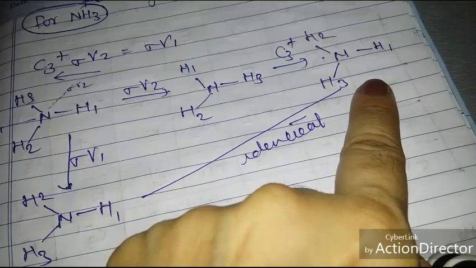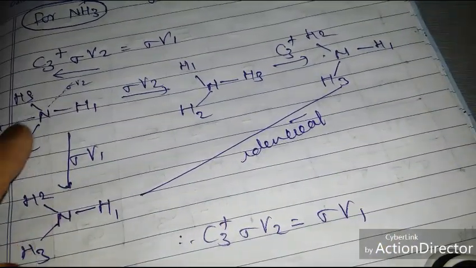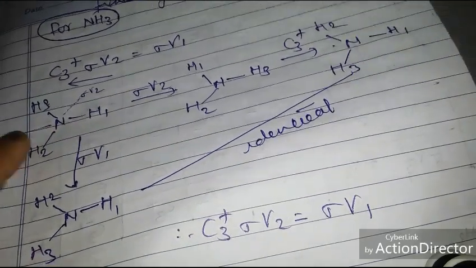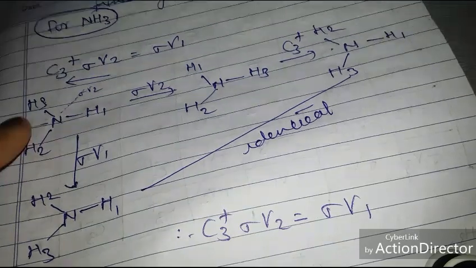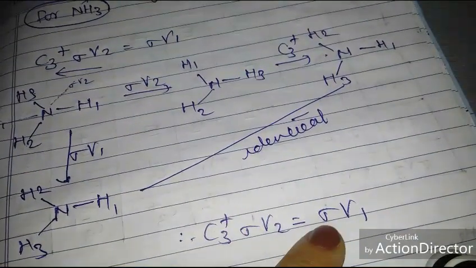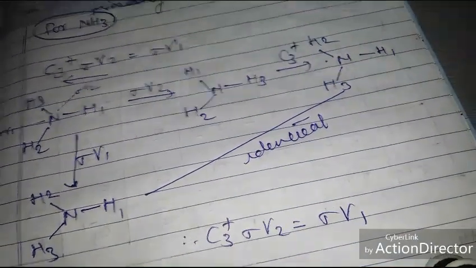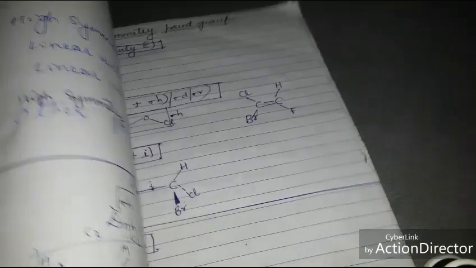So you are getting this molecule, and to this molecule when you apply the sigma V1 plane, that means along this plane you are applying, H2 and H3 will interchange their position. So these two are identical. So C3 plus and sigma V2 is nothing but sigma V1. So this is how the multiplication tables for C2V and C3V are drawn.